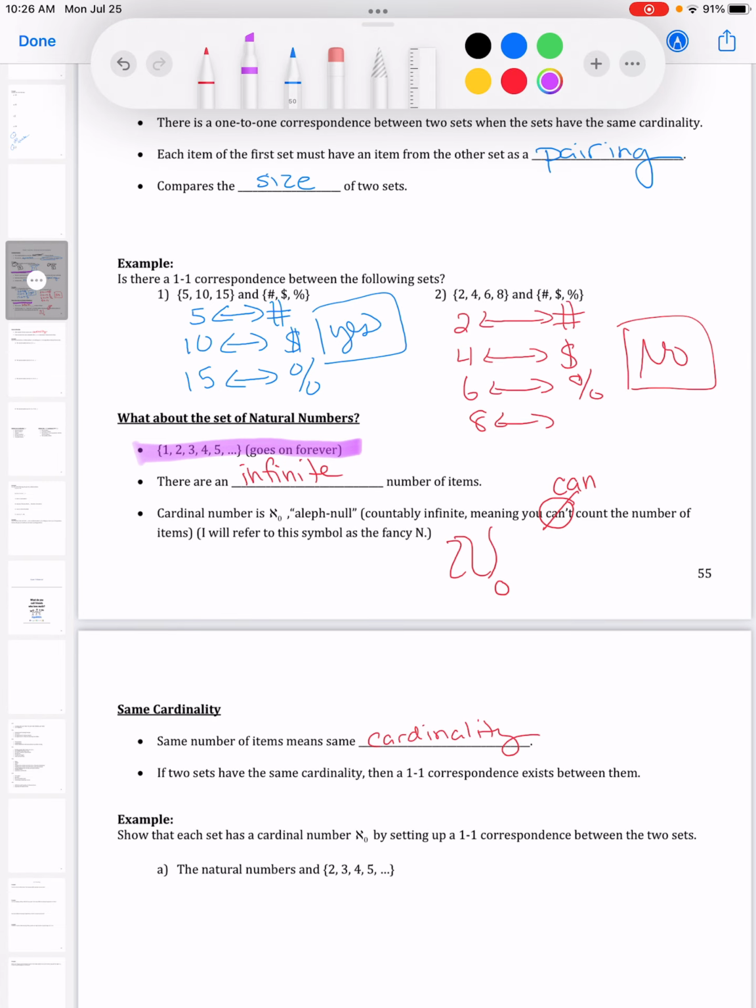All natural numbers have cardinality Aleph null. That's their answer. If we're looking at the natural numbers, their cardinality is Aleph null. It's infinite, so there's not an actual answer there, but that's my symbol to say infinity.